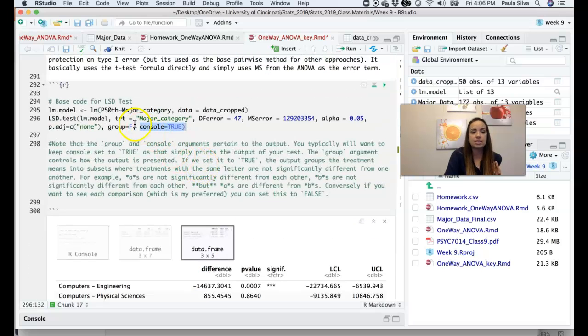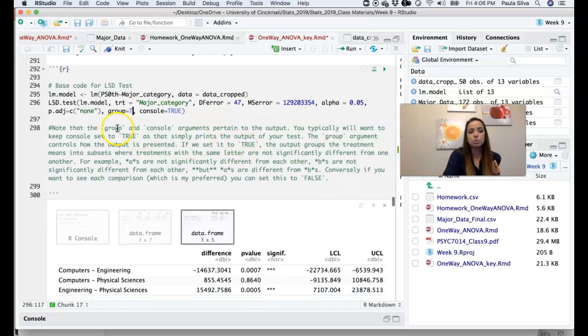Now, if we say that group is true, here's me trying to explain what R does, and then we're going to see it in the output. You typically want to keep the console true so that the output is presented, and the group argument controls how the output is presented.